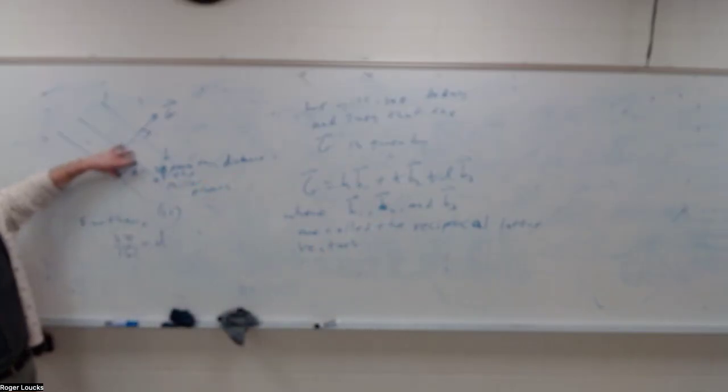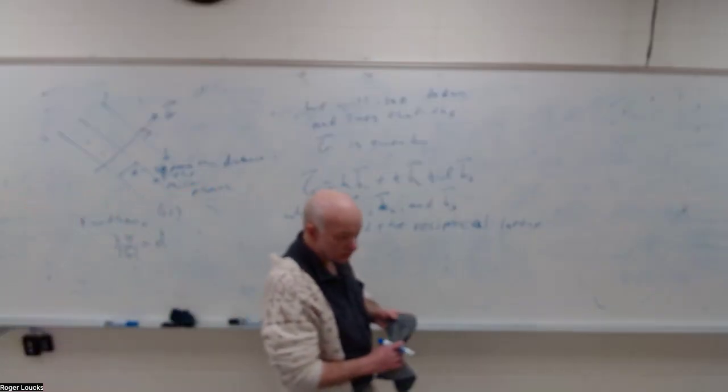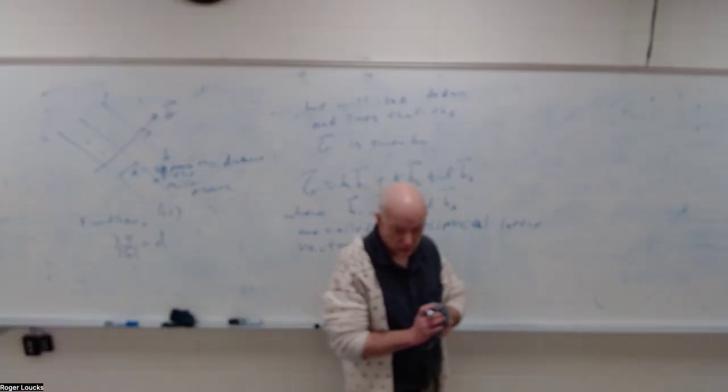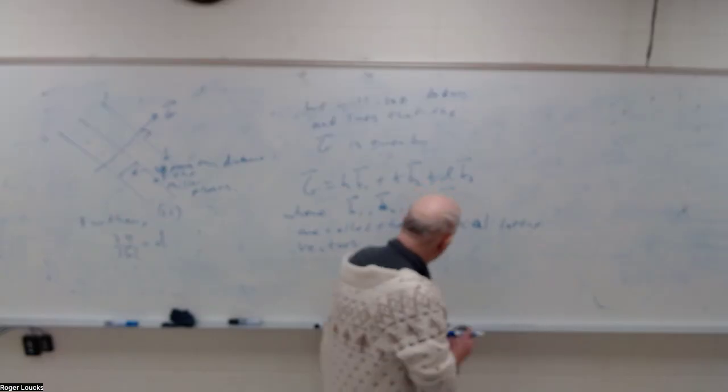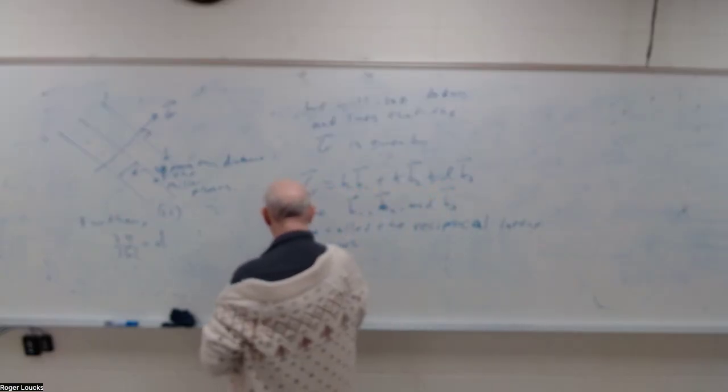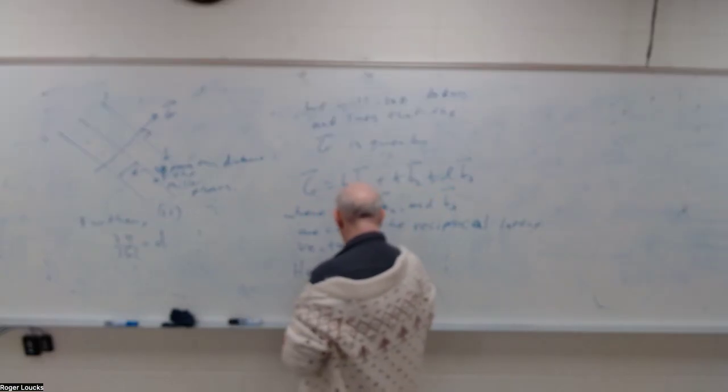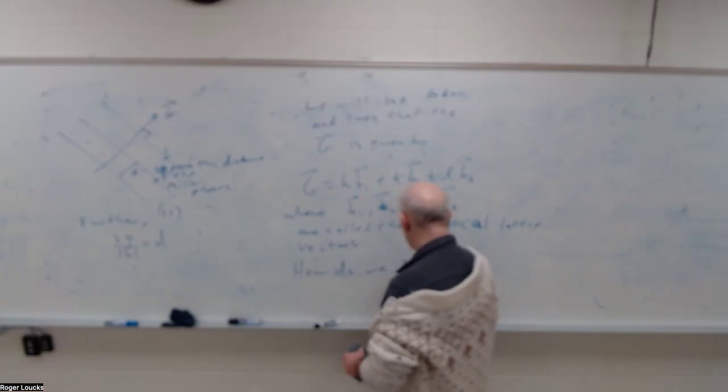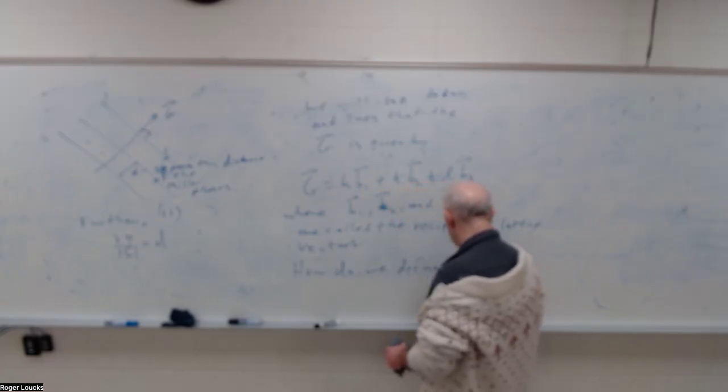When you do X-ray diffraction or many types of scattering, by knowing what the D's are, you can start putting the crystal together, the actual structure of the crystal. Does this make sense where this is going? So the question is, what are the B's? How do we define the B?